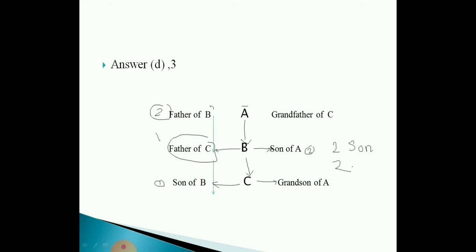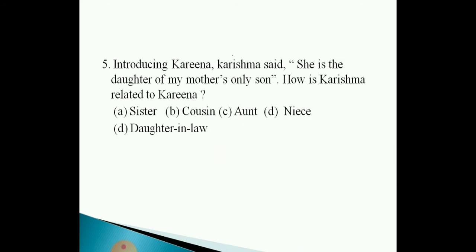Then I need 1 grandson and 1 grandfather. C is the grandson of A and A is the grandfather of C. So 3 is the answer.